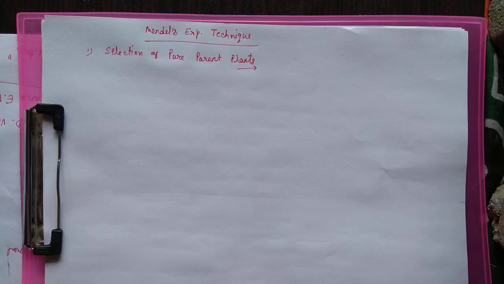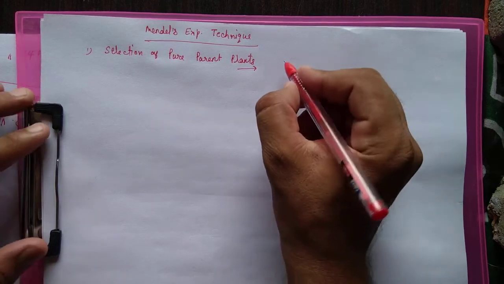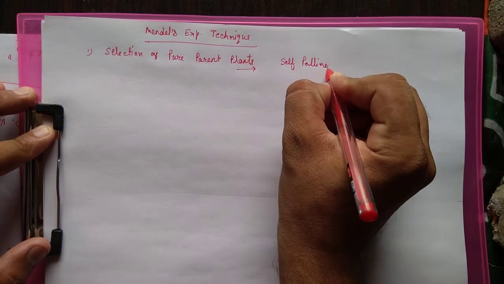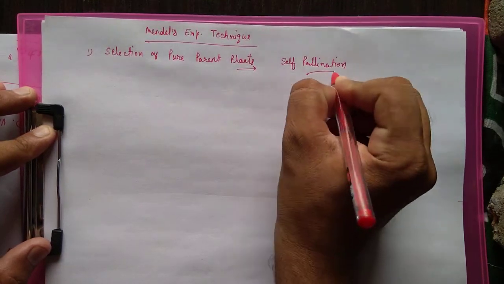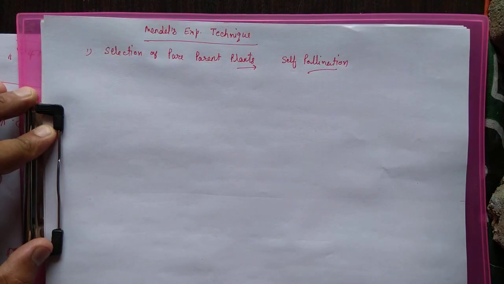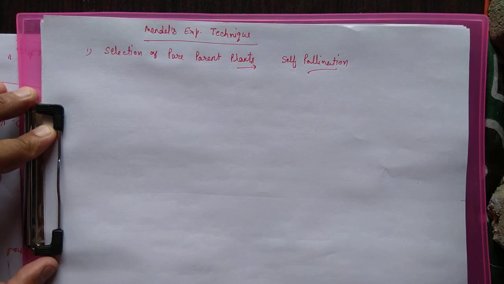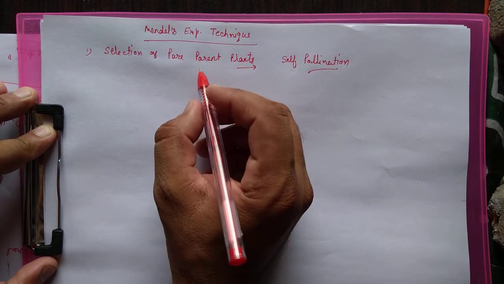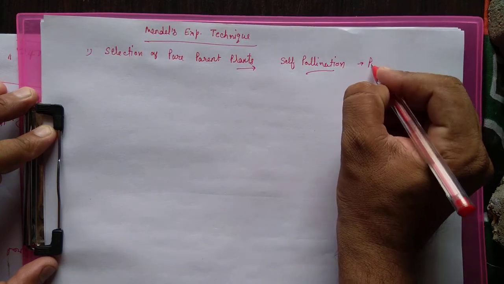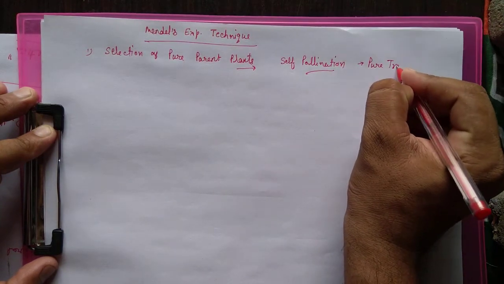For this he used self-pollination. He performed the experiment using self-pollination, and the character which transfers from parent to next generation is called a pure trait.